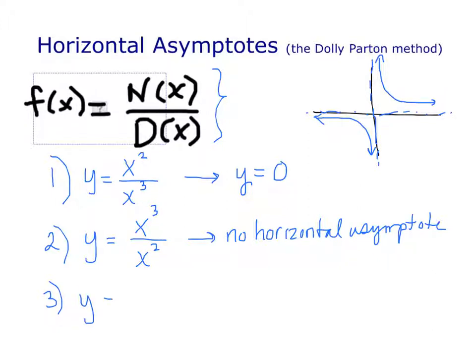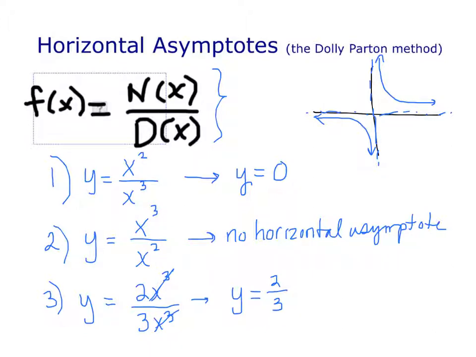So in the instance where it is the same, like say for instance 2x to the third over 3x to the third, then you would have an asymptote at y equals 2/3. In other words, you could cancel them out, and there would be 2/3 left, so it'd be y equals 2/3. So that's a real simple way to determine the horizontal asymptotes.